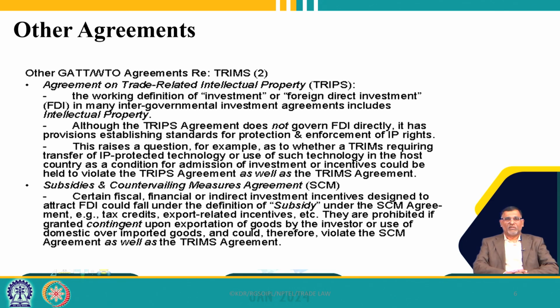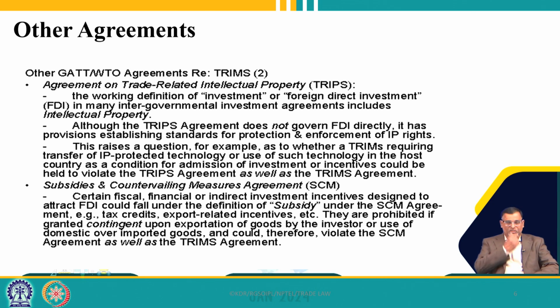So, for example, China has a Chinese law which requires transfer of technology to the Chinese counterpart within a period of 7 years. So, very recently many of the countries including the US took China to the WTO dispute settlement system by saying that this particular provision is in violation of TRIPS agreement and GATT rules.